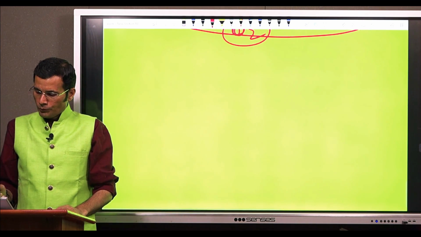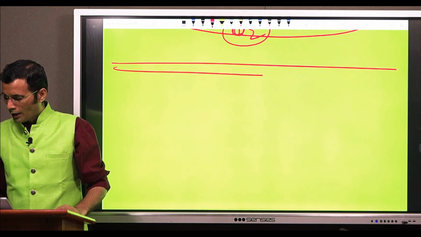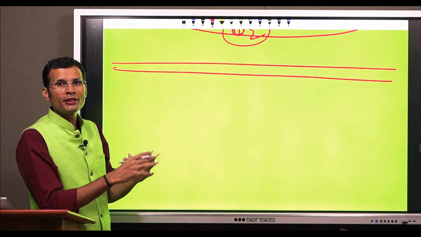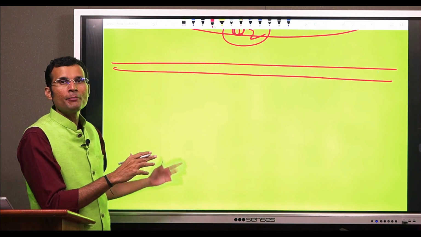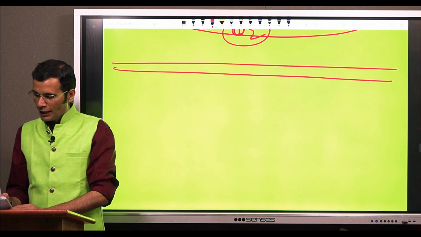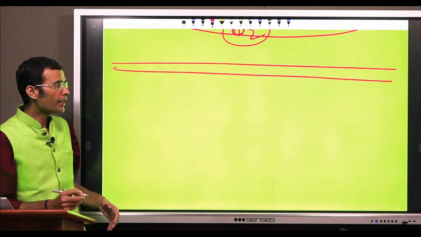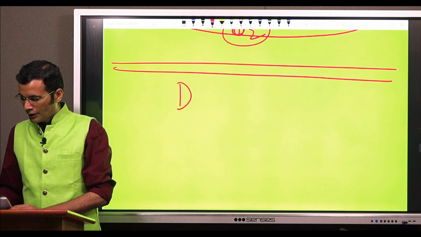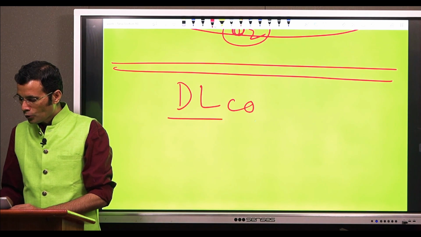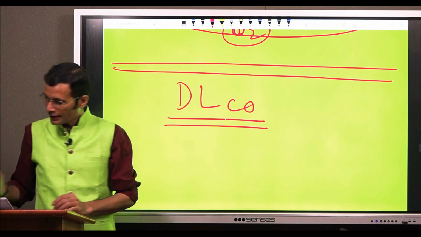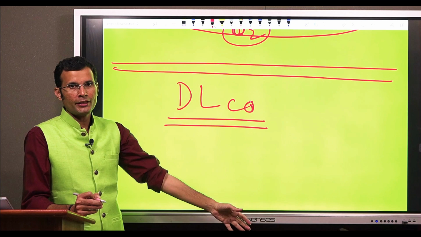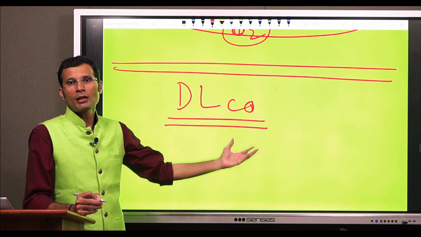Now, the most important part of this discussion: how do we measure the diffusing capacity of the respiratory membrane? Diffusing capacity of the respiratory membrane is generally denoted as DLco. Diffusion-limited carbon monoxide.